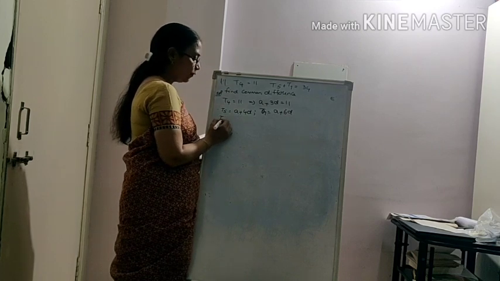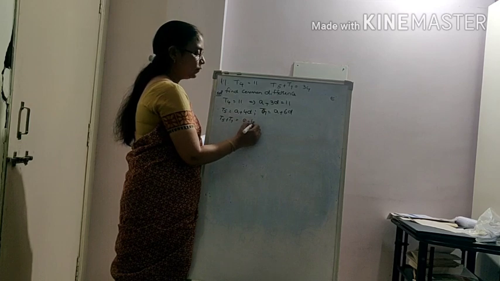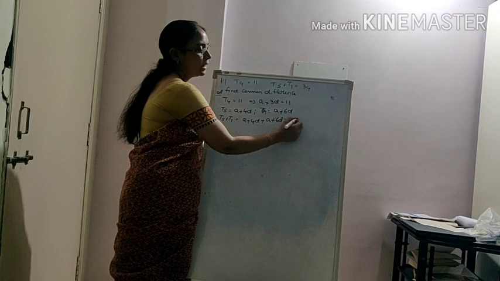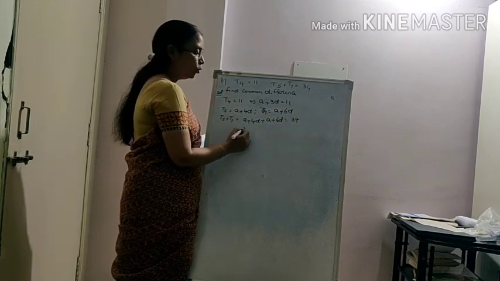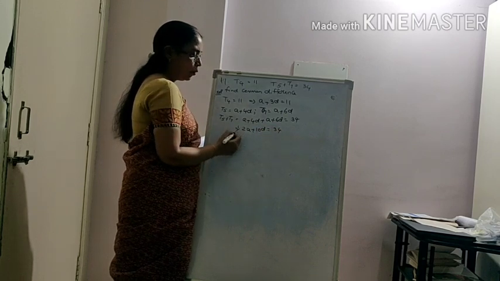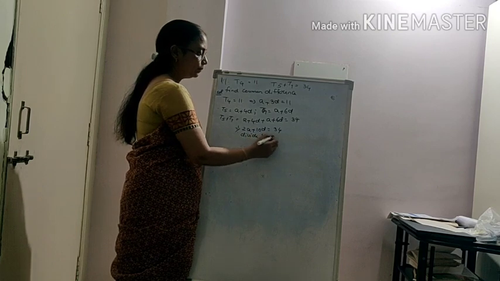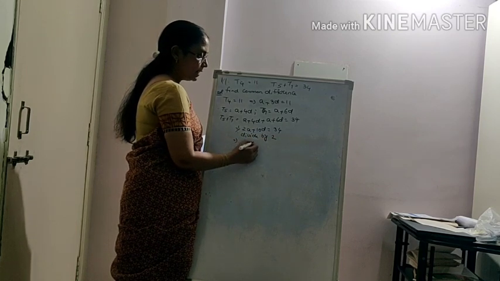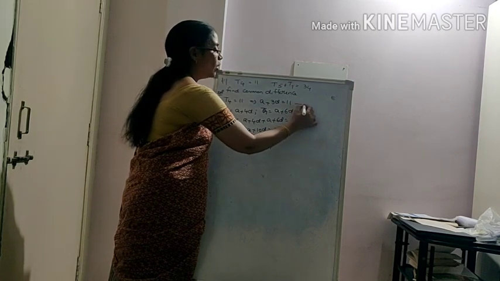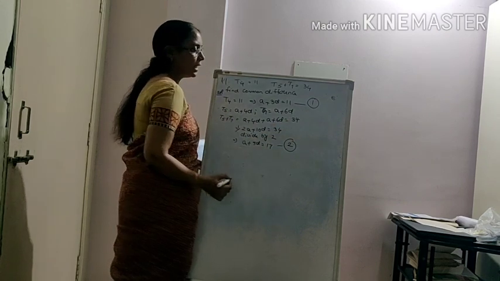Now the sum of the 5th and 7th terms, that is A plus 4D plus A plus 6D, is given as 34. 2A plus 10D is 34. We can divide the entire equation by 2 so that it gets simplified. A plus 5D is 17. Now let us name the fourth term equation as the first equation and the second one as the second equation.